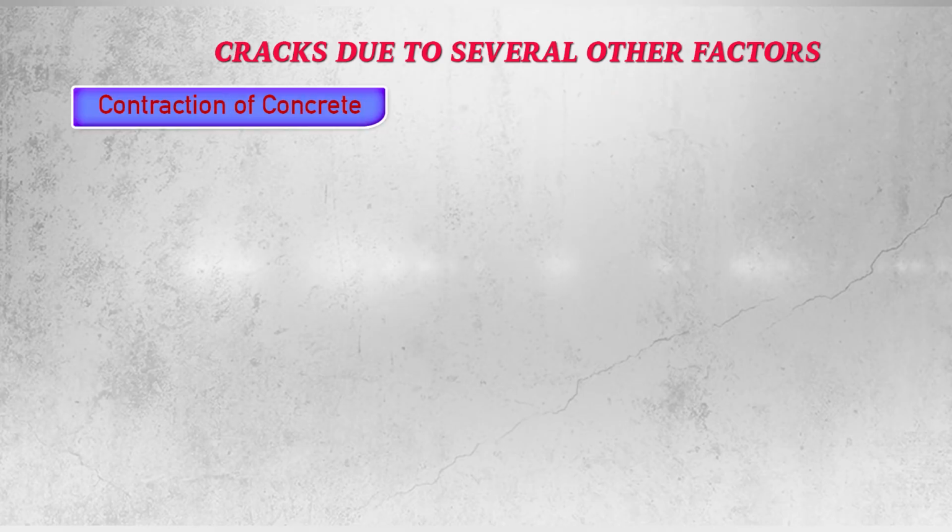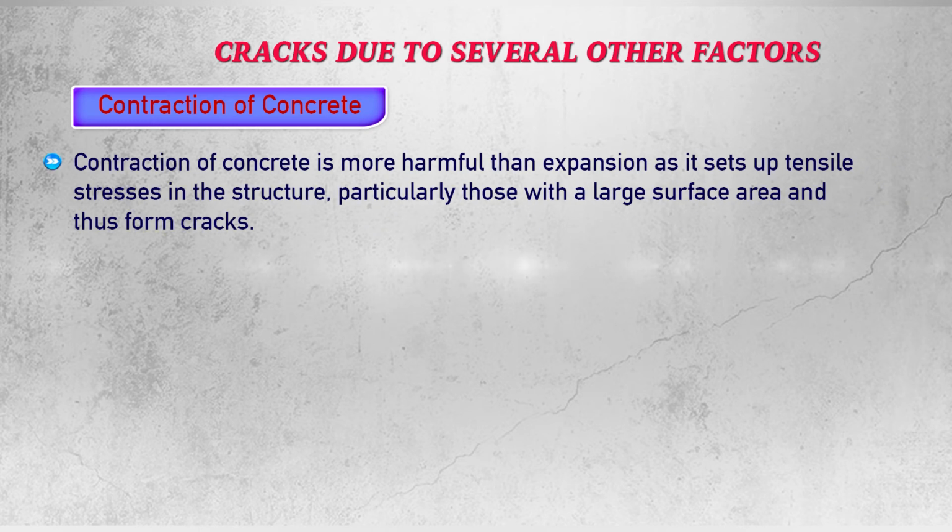Fine superficial cracking is known as crazing. Now we move to contraction of concrete. Contraction of concrete is more harmful than expansion as it sets up tensile stresses in the structure, particularly those with a large surface area, and thus forms cracks.